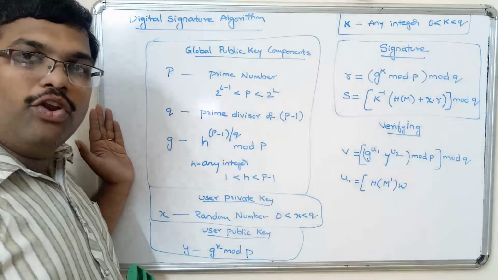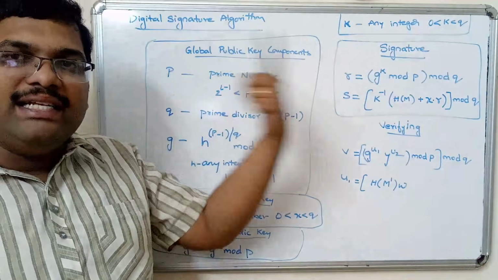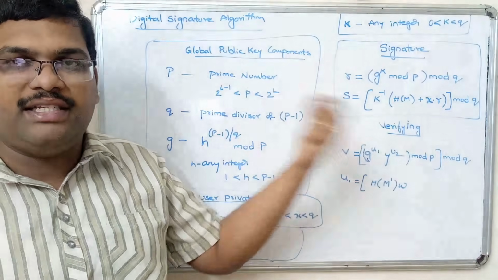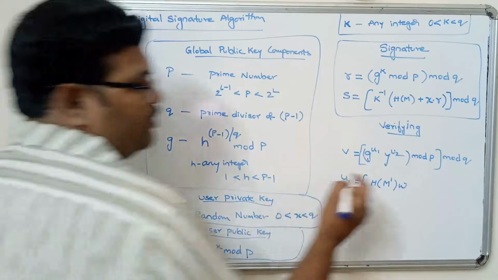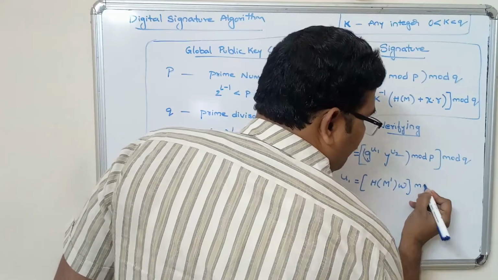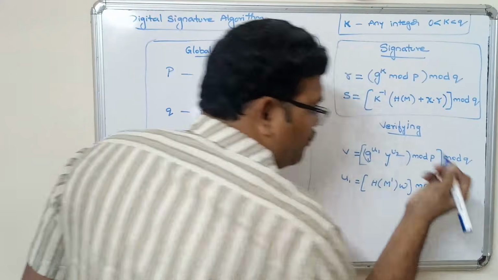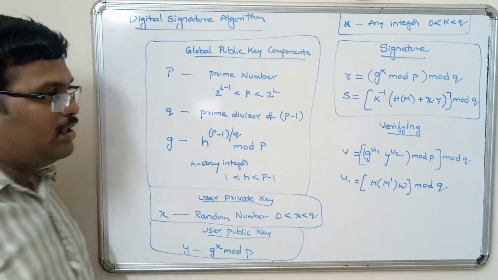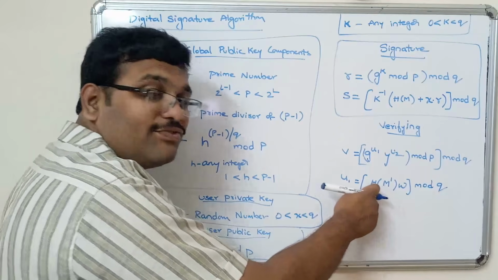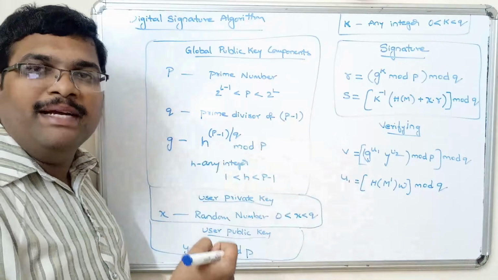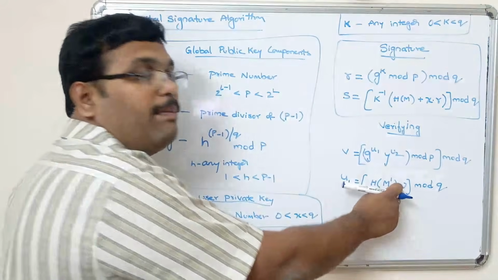At the sender side we call it M, and at the receiver side whatever message we are receiving, we call it M dash. So U1 is equal to H of M dash, that is the hash function applied on the received message, into W.